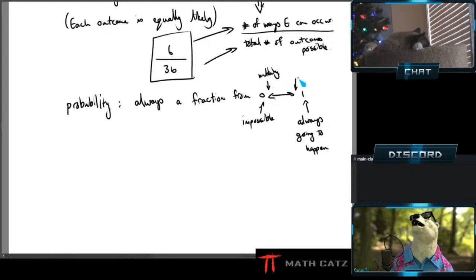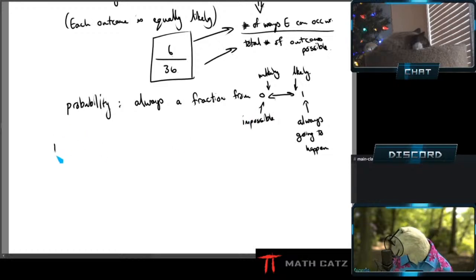And when I'm sitting close to 1, it's going to indicate that what I'm looking for is quite likely. So the first interpretation of the probability as a fraction is to see where it sits between 0 and 1. And that indicates, depending on which side it's closest to, how likely something is.